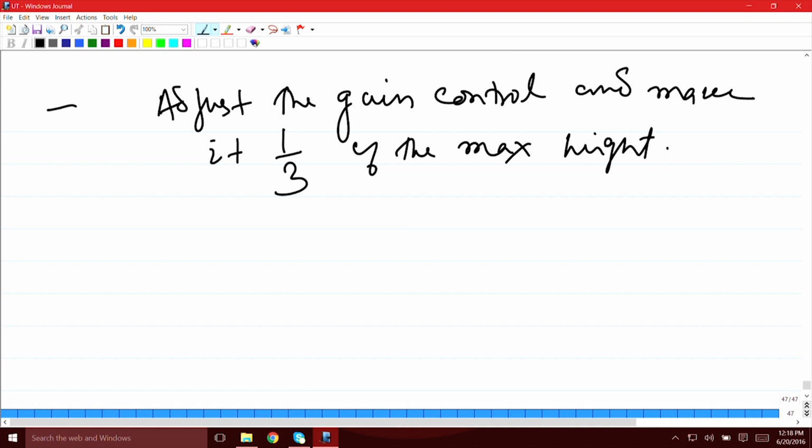Okay. So, in case of distance calibration, we saw the adjustment was done up to 1/4 of the maximum height, and in this case we do it up to 1/3 of the maximum height.